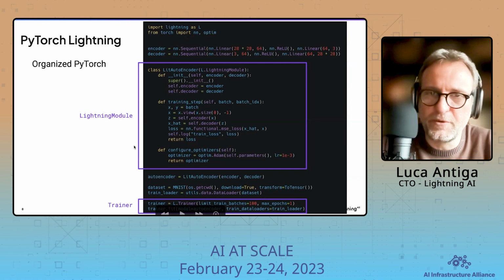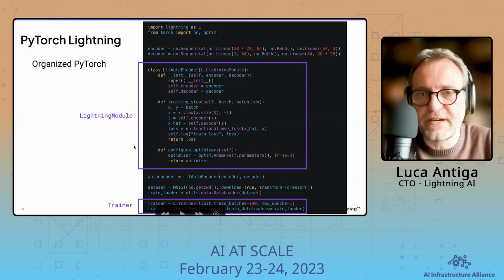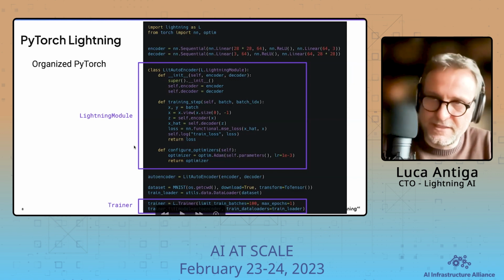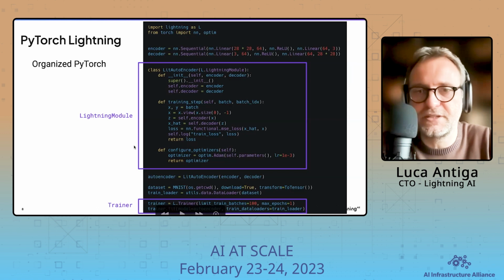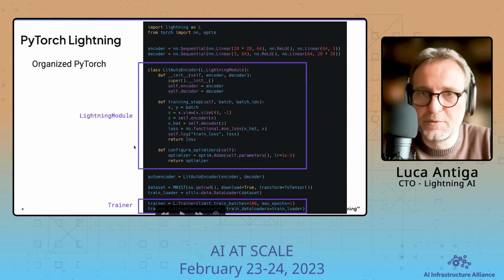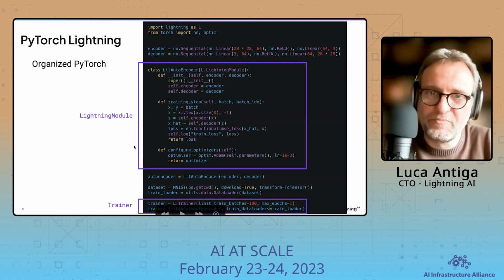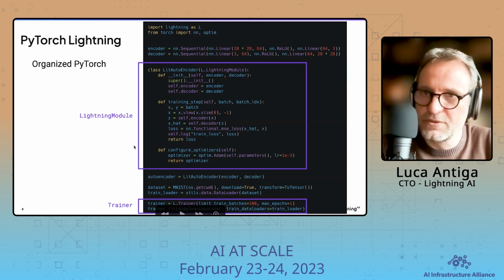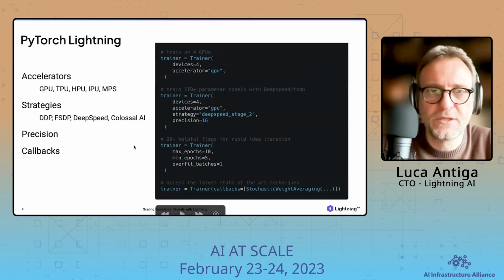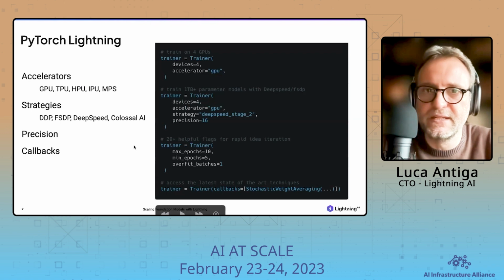Part of the popularity of PyTorch Lightning is also the fact that beyond decoupling the science and the engineering, where the engineering is represented by the trainer, it also gives an opportunity for teams to collaborate together, because it's immediately obvious what a certain piece of code will do when I look at it, even if somebody else wrote it. So the fact that it's highly opinionated might not be liked by people who want full control and freedom, but it's actually a good thing when you work in a team.